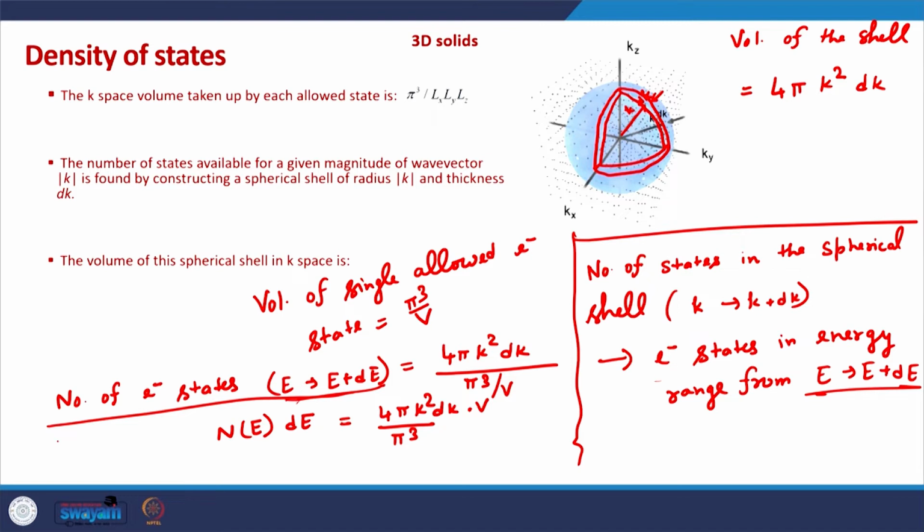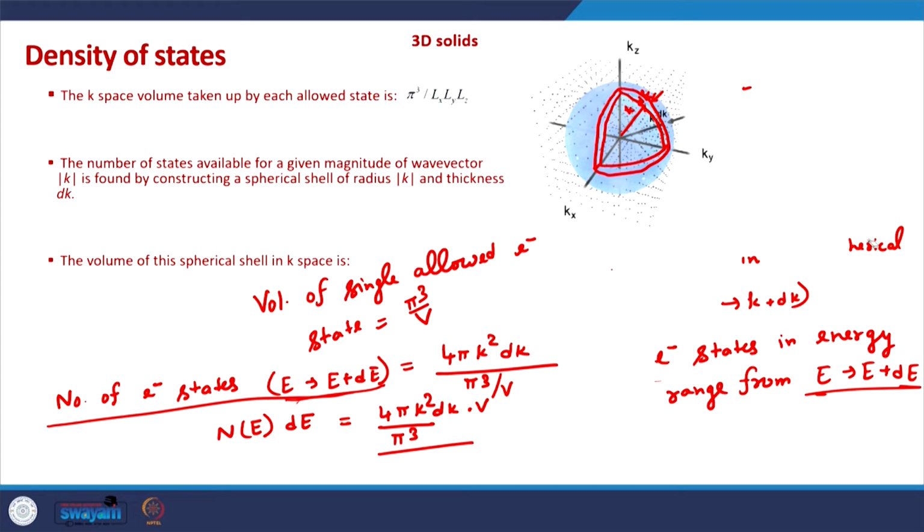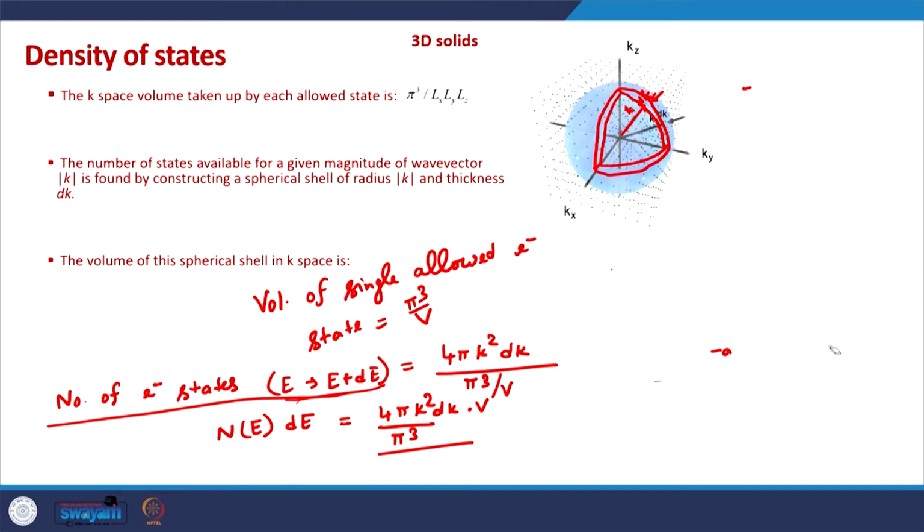Now, we need to change the variable on the right hand side from k to E, and that is where we will use the E-k relationship, which is a parabolic relationship if we use the idea of effective mass. Please keep in mind that we are making an approximation that the E-k relationship is parabolic, and we can use the notion of effective mass like this.